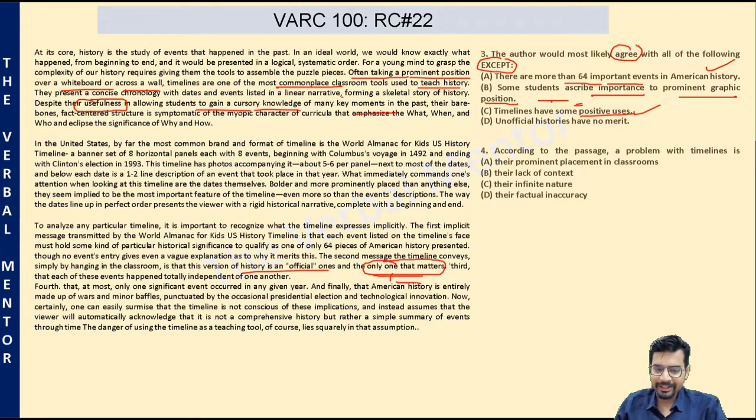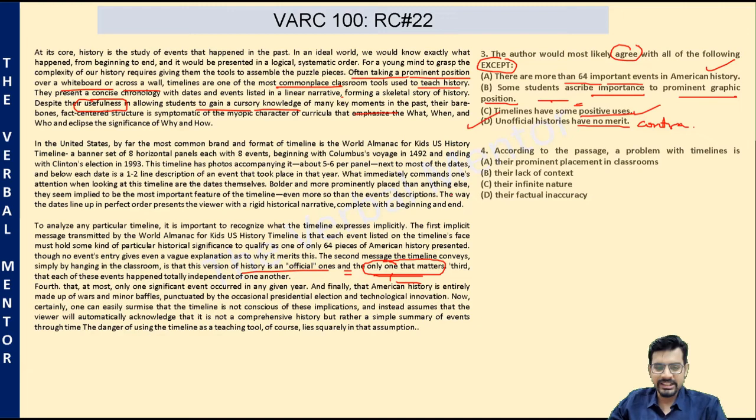And he criticizes this fact, which means, according to the author, it is not the only one that matters. So unofficial histories are important. He will not agree with the fact that unofficial histories are not important. They have no merit. This is contradictory to what the author thinks. According to him, official version is not the only one that matters. Unofficial versions also matter. That's what he criticizes here, right? Okay. So option D is clearly the answer.